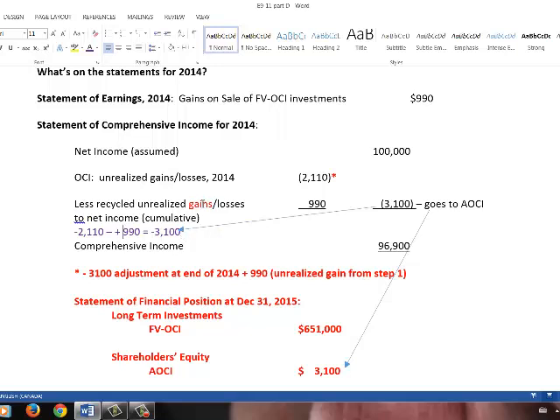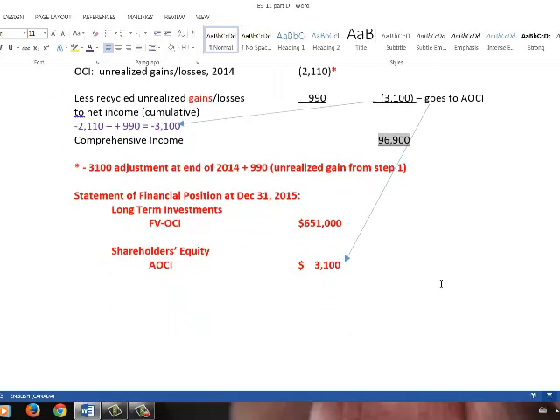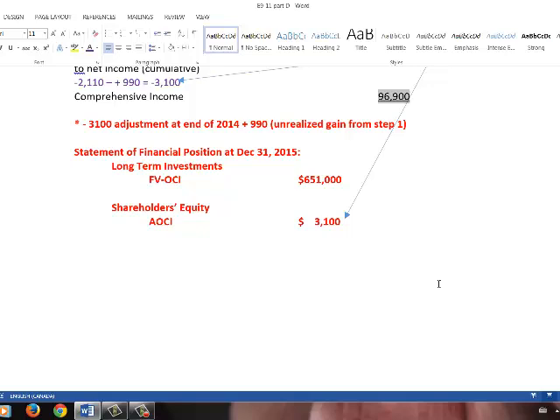So negative 2110 minus a plus 990 is negative 3100. And that's going to go into my AOCI to update it. Okay, so my comprehensive income would be net income plus my OCI, which is plus a negative, which is going to give me 96,900.